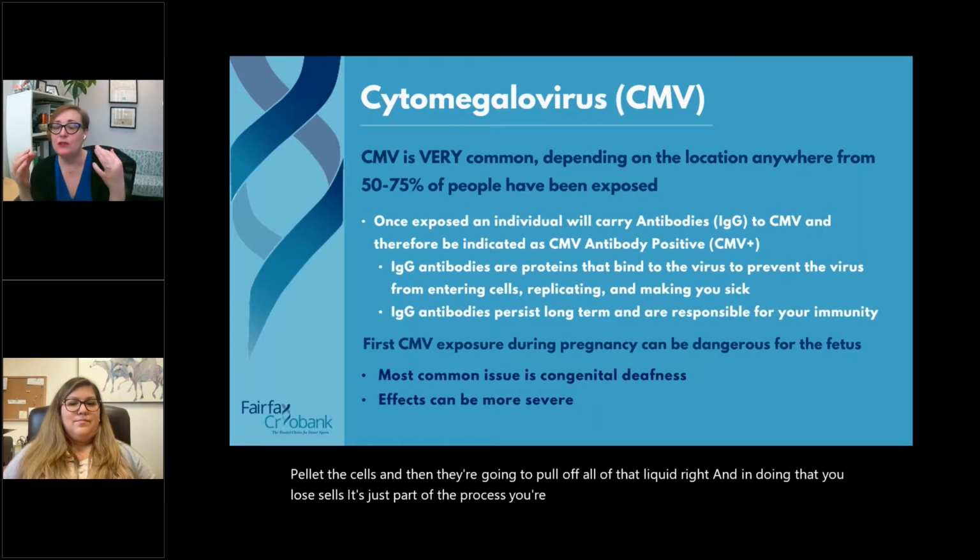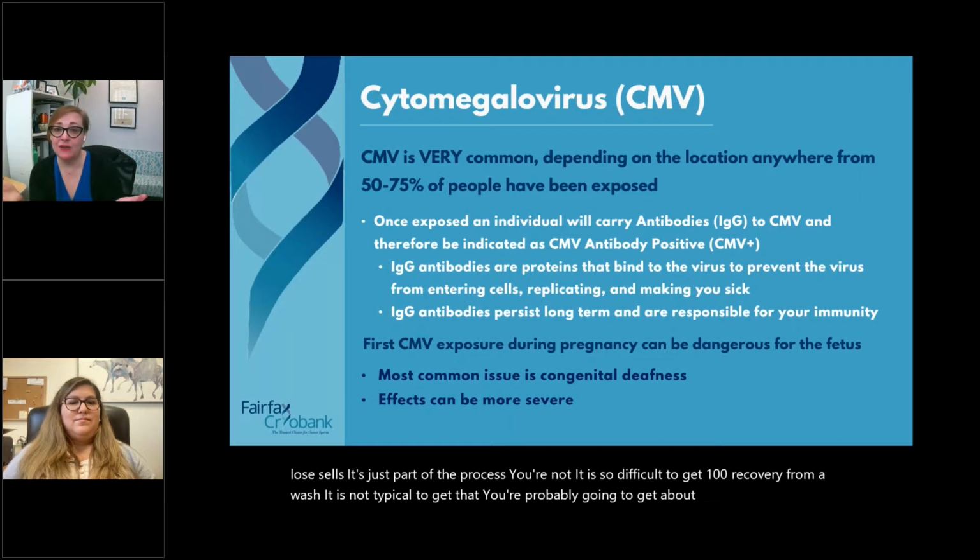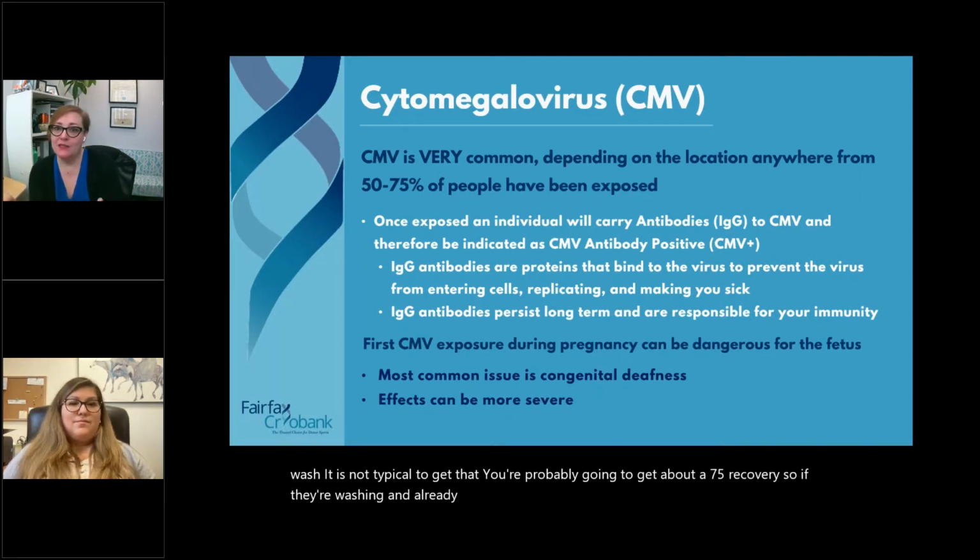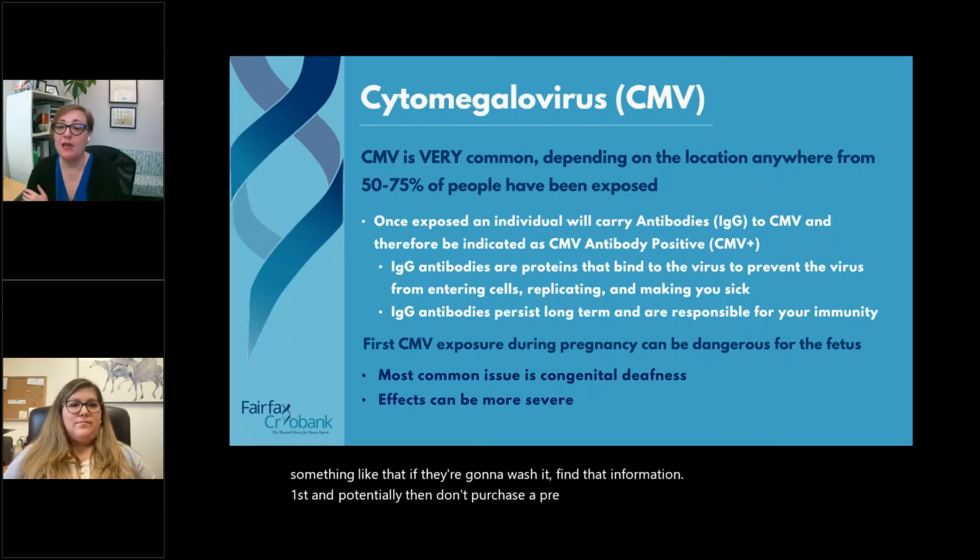It is so difficult to get 100% recovery from a wash. It is not typical to get that. You're probably going to get about a 75% recovery. So if they're washing an already washed vial, you may drop to like 7.5 million to 6 million, something like that. If they're going to wash it, find that information out first, and potentially then don't purchase a pre-washed vial. Save yourself the money.